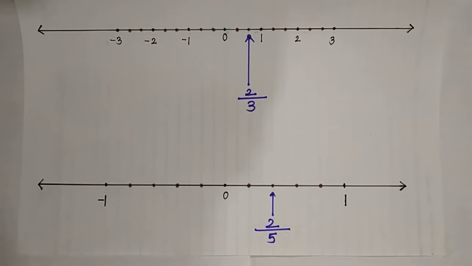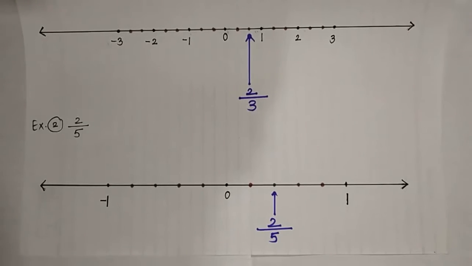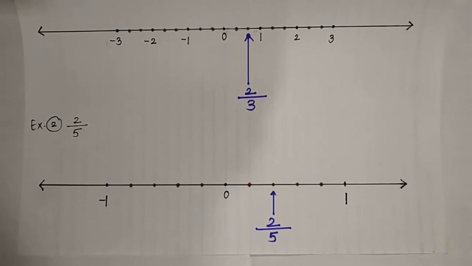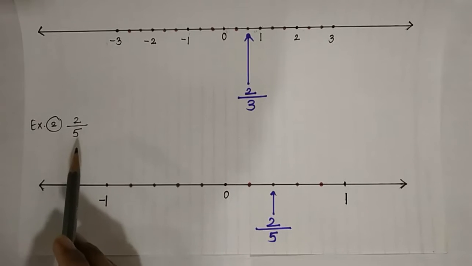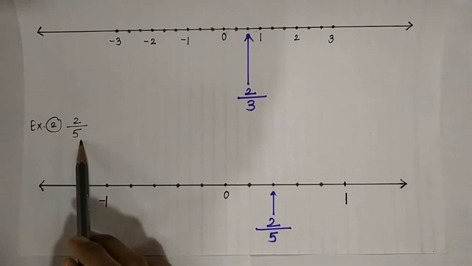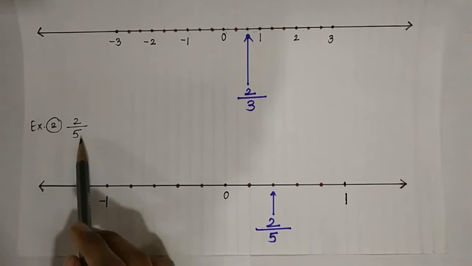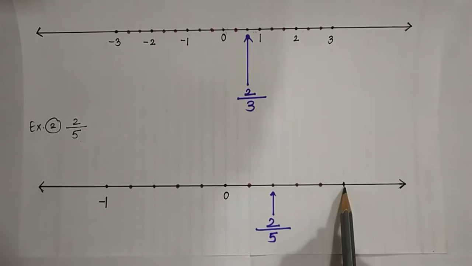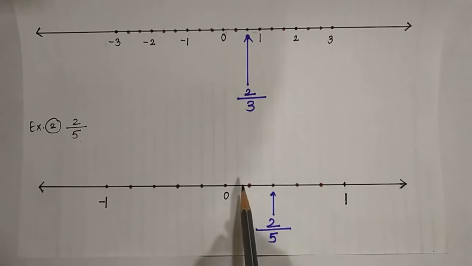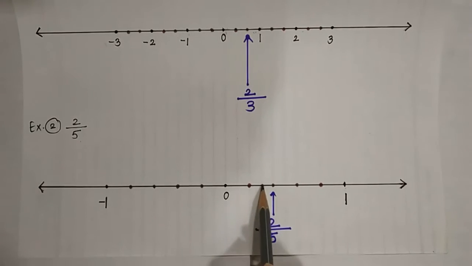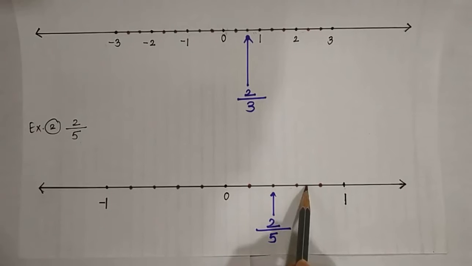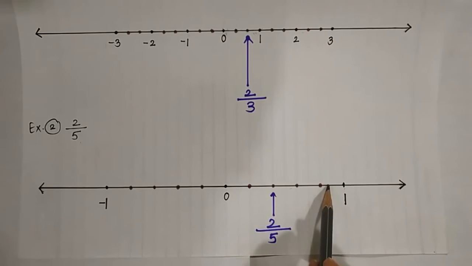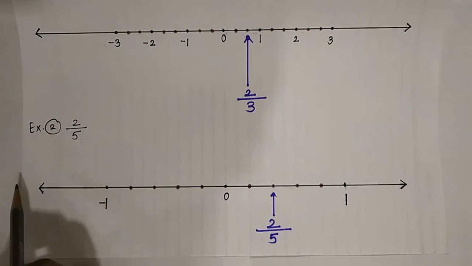Similarly, if I give you one more example, that is 2 upon 5. Now in this case, what is the denominator? 5. That means each unit you will divide into 5 equal parts. So let's count 1, 2, 3, 4 and 5 equal parts. Same to the left hand side.